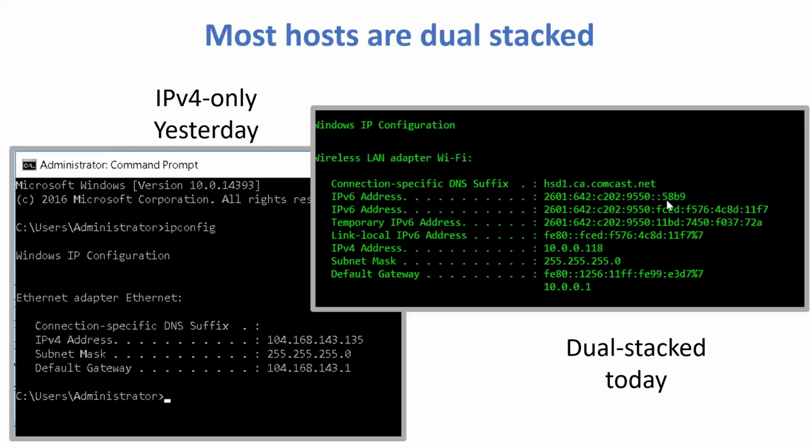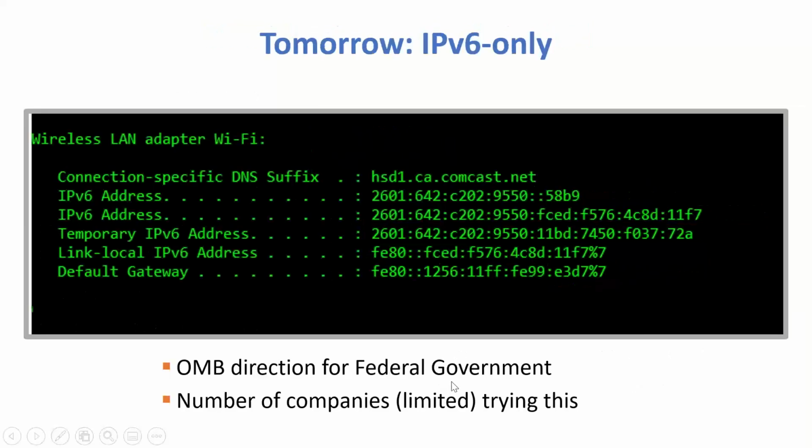And so you can see here, my Wi-Fi interface has multiple IPv6 addresses. These are two static addresses. Here's a temporary address. Here's a link local address, and then I've got my v4 addresses. And my router has a v6 link local and a v4 gateway address. So you can see that I've got multiple addresses here.